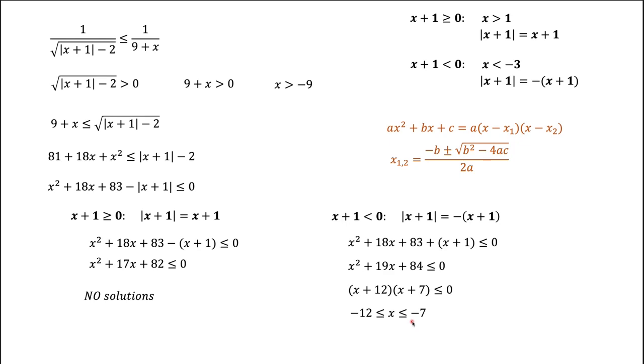Now we need to look up and find that x actually has to be greater than minus 9. Also, when we consider this case, we need to notice that x should be less than minus 3. And to satisfy all of these at the same time, we find that x has to be strictly greater than minus 9 and less or equal than minus 7. And that's the final answer.